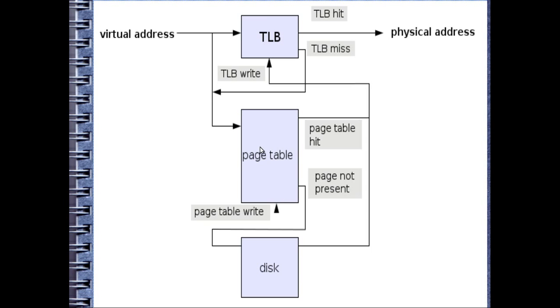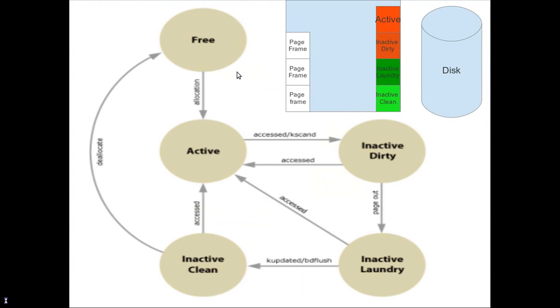If it has an entry in the page table, it's fine. If it doesn't, a mapping will be created for it from the disk, and now this mapping will be present in the page table as well as in the TLB cache. So if the same process tries to access the entry that it accessed last time, the access is going to be pretty fast.